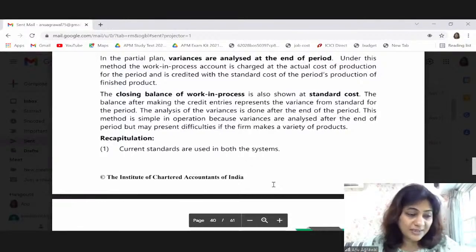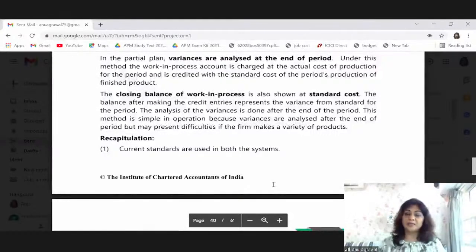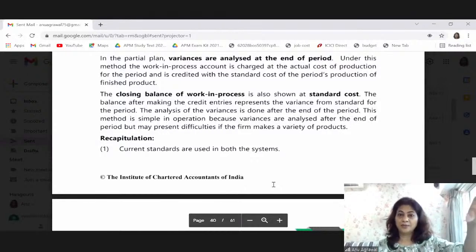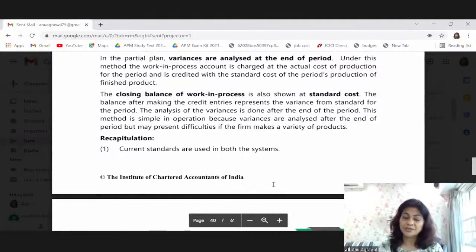So guys, you'll be studying standard costing, then you'll be able to understand what variances mean. So single plan means that when you record your variances at the very point when you buy the material or you incur expenses or you incur wages, it's known as a single plan. But when you record this at the time when you're transferring to finished good, that is in the WIP account, that's known as a partial plan.